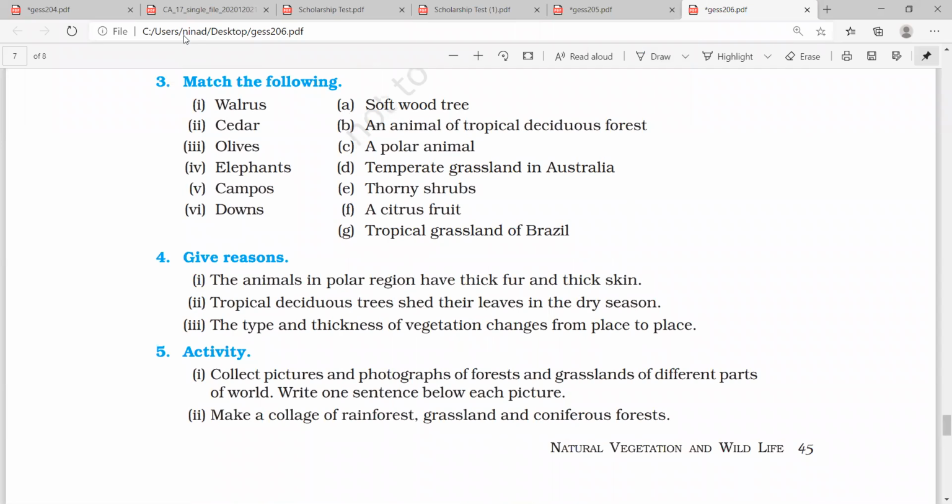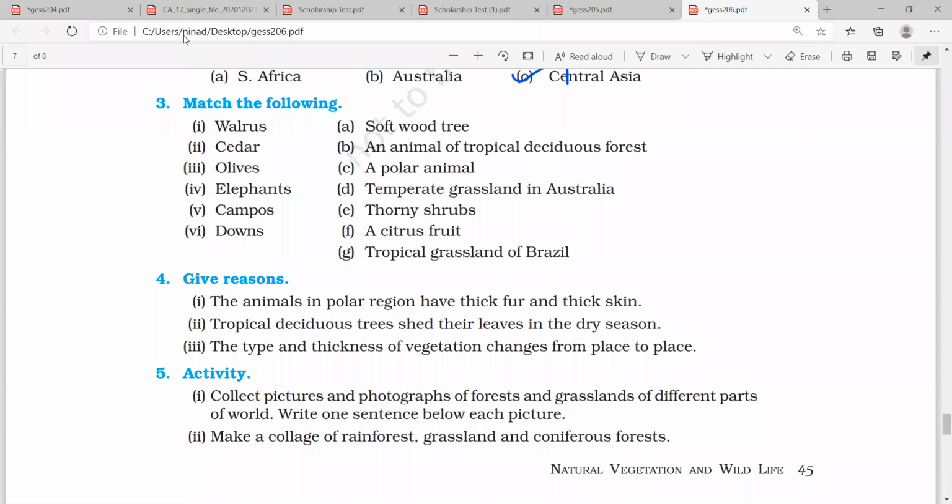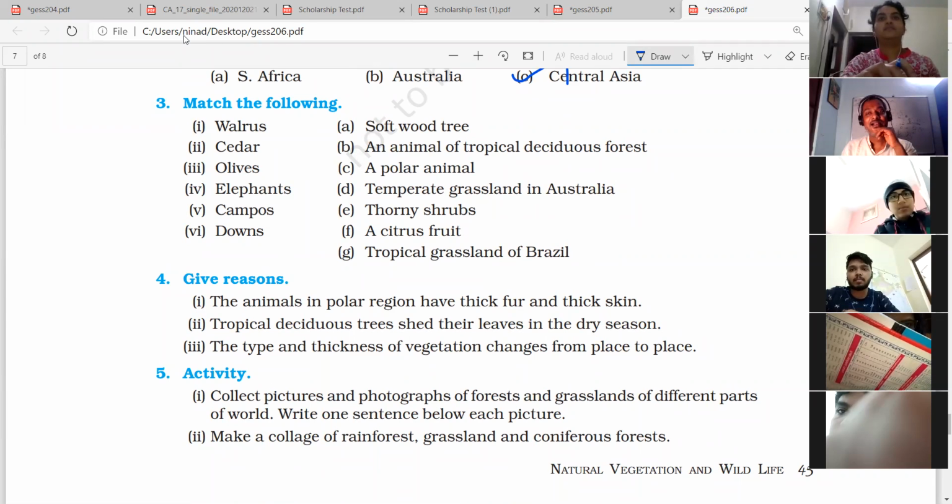Okay, who would solve this one for me? Walrus. I didn't teach you specifically, but try this. Cedar, olives, elephant, campos, downs. Downs we know. Where is downs? Australia.